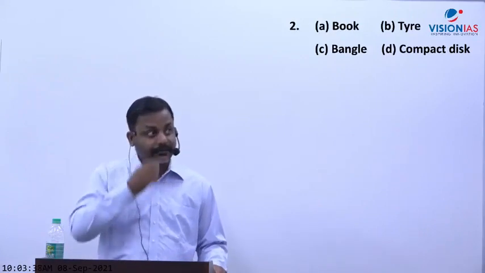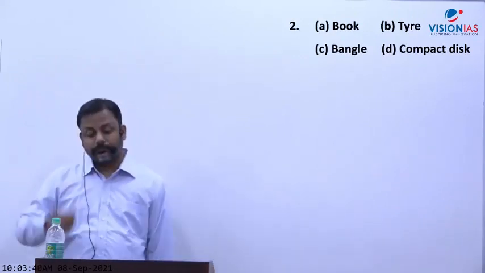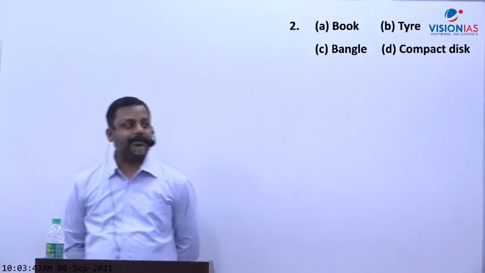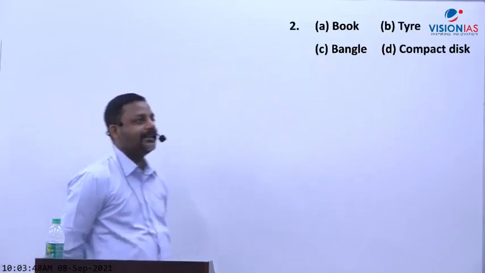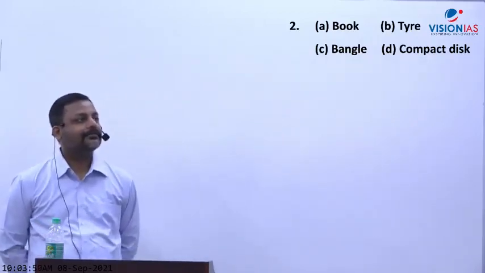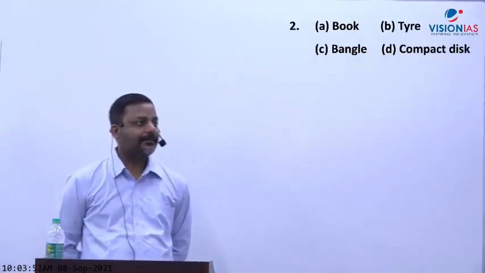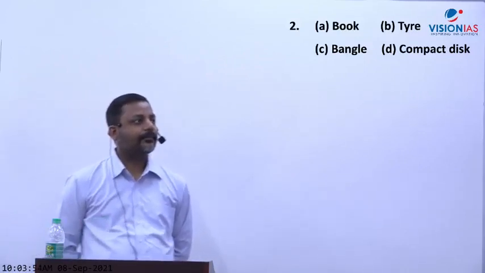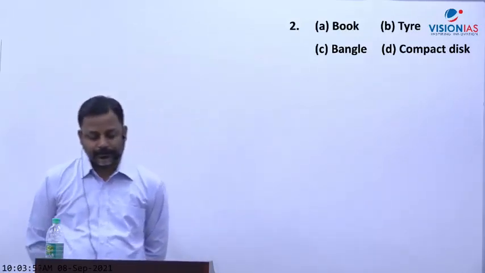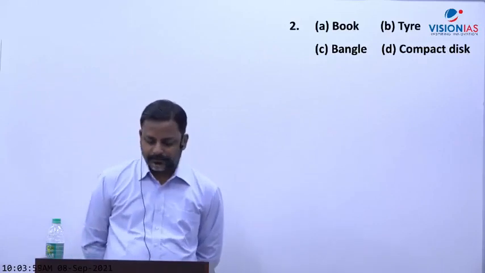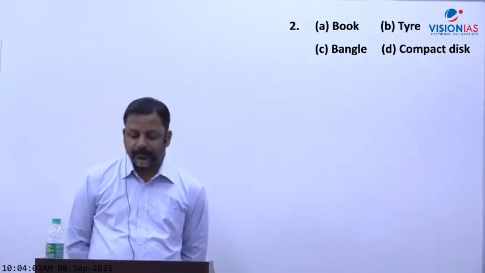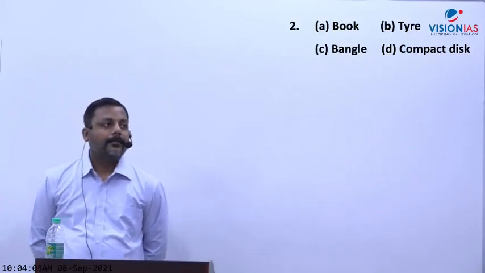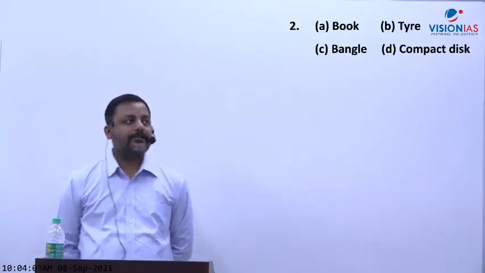Now come to second question now. Book, tire, bangle, compact disc. Option D. What is similar in rest of the options?